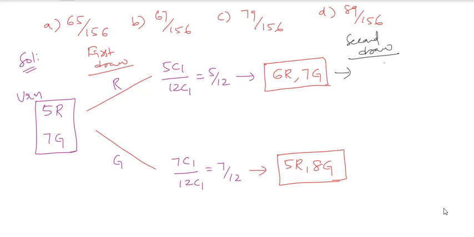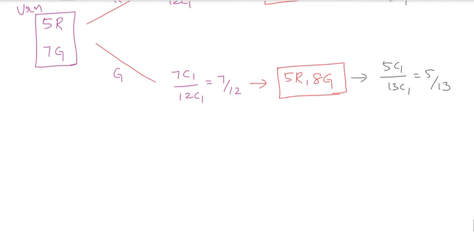In the second draw, if the first was red, you have 6C1 divided by total 6 plus 7, 13, so 13C1, which gives 6 divided by 13. Similarly in the other case, you have 5 red balls, so 5C1 divided by 13C1, which is 5 divided by 13. The same criteria as the earlier problem.